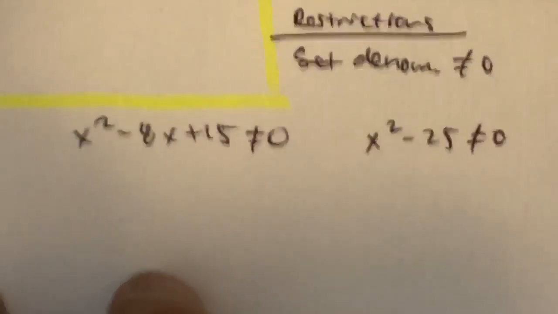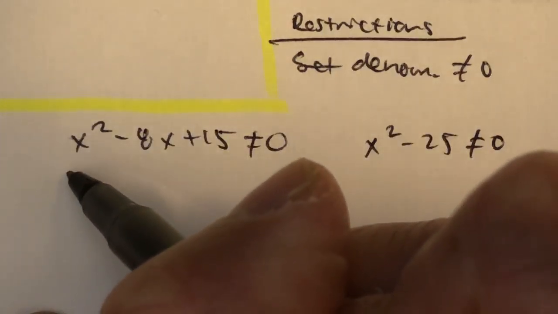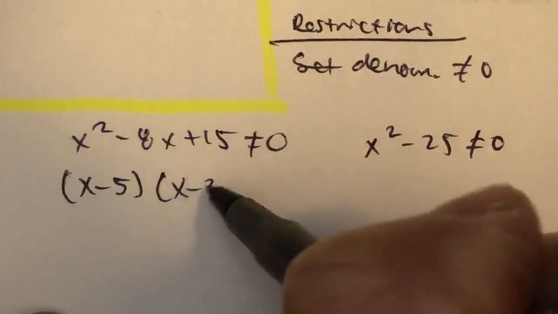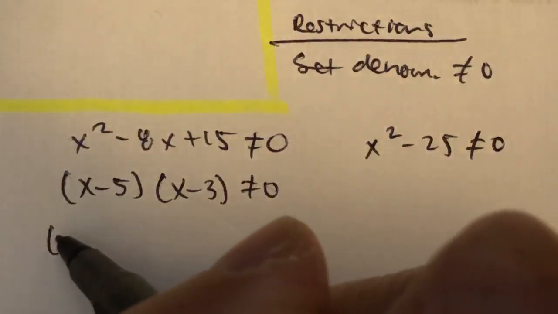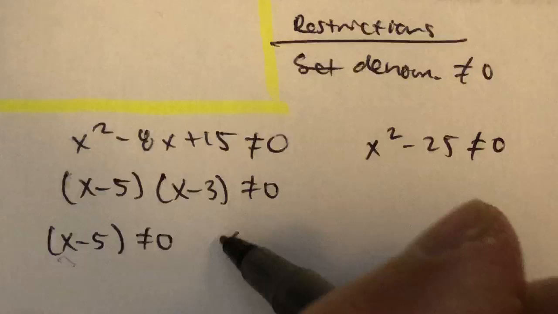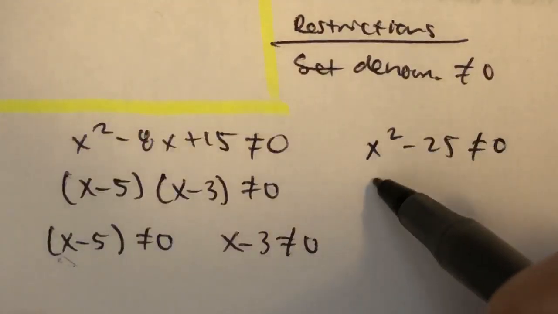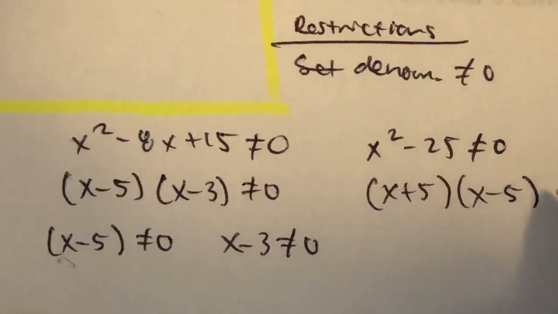All right, so we already did the hard work of factoring these. x minus 5, x minus 3. And then from here, you can actually split them so that it says x minus 5 not equal to 0. And you don't need the parentheses there, so I'll do that for the second one. And then over here, we had said that this was x plus 5 from above and x minus 5.